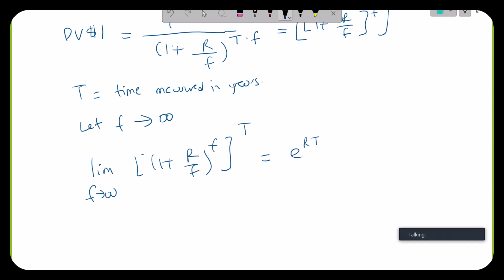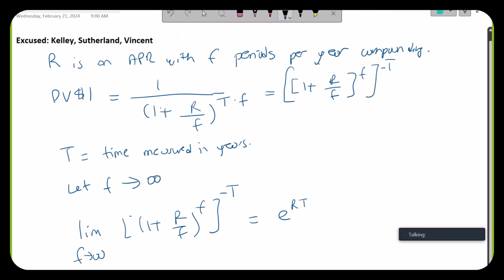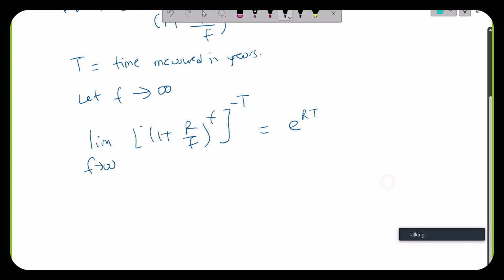Oh, this will be minus t. I'm sorry. So that is the present value factor for continuously compounded rates.